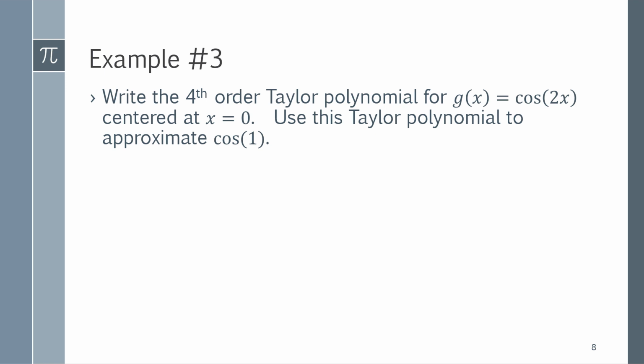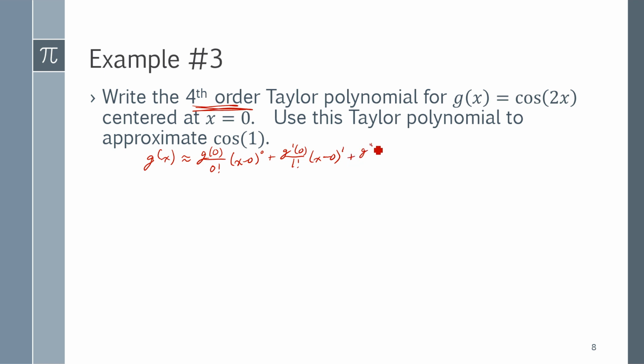So again, I like to start by just going through. So g of x is going to be approximately, they tell me my center is 0, so I need g of 0 over 0 factorial times x minus 0 to the 0, plus g prime of 0 over 1 factorial times x minus 0 to the first. And I notice they're telling me order, so I'm going to need to go all the way until I get to the fourth, n is 4.